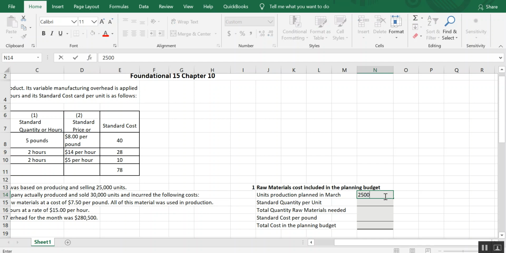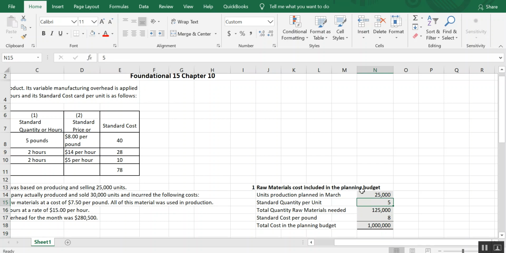And then we had a standard quantity per unit of 5 pounds. So we're going to take the 5 pounds times the 25,000. We get 125,000 pounds of material at a cost of $8 a pound. So we'll take the $8 per pound times 125,000.